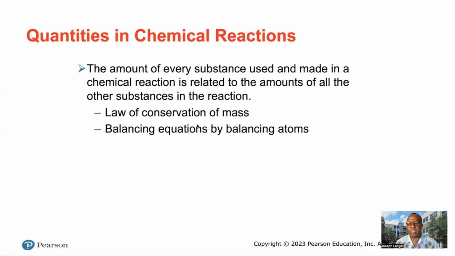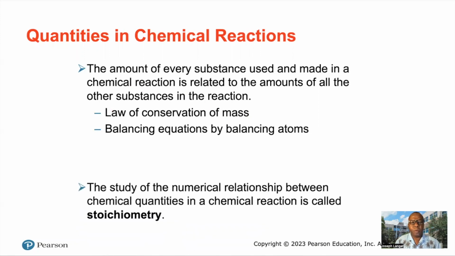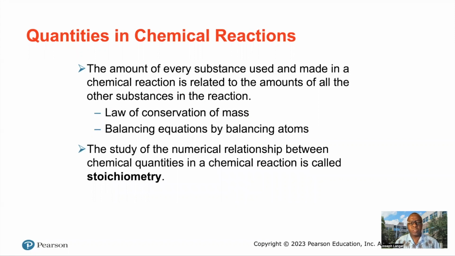Remember the law of mass conservation: matter cannot be created or destroyed. So we need a balanced equation in order to abide by the law of mass conservation. Remember I described stoichiometry as the quantitative relationship between the product and the reagent.